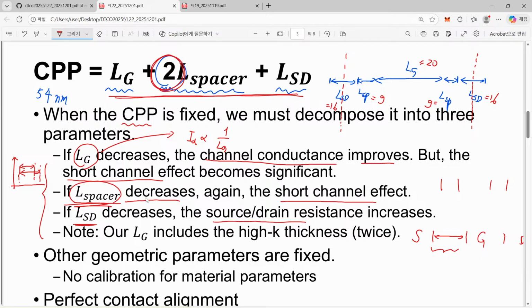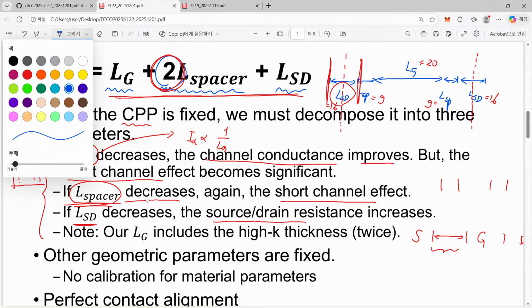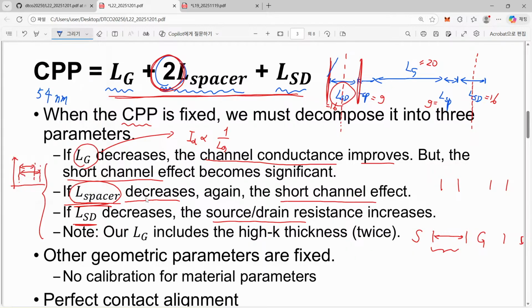Even more important, LSD does not define only our silicon part. For example, let's say that here we have a diamond, and reduction of this LSD length means that we have a shorter LSD.